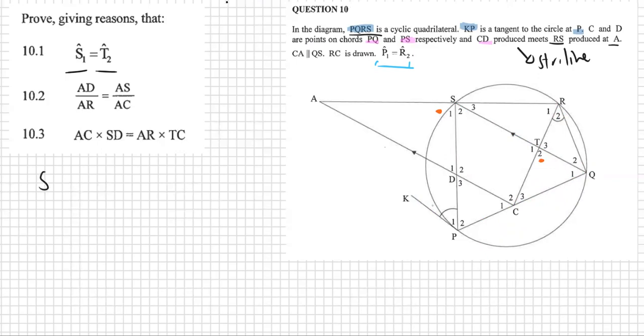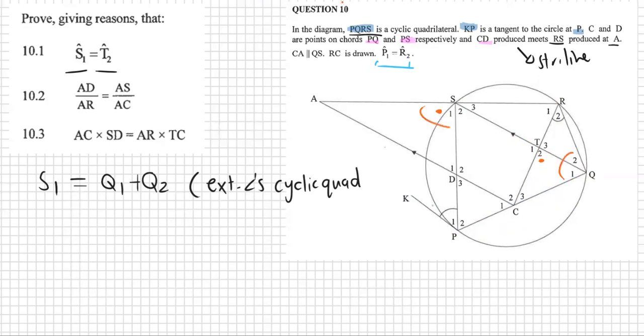So first we said that S1 is equal to Q1 plus Q2. The reason for this was that it was the exterior angle of a cyclic quad. So just to put that in, S1 is equal to that. So exterior angle of the cyclic quad that was given, PQRS.